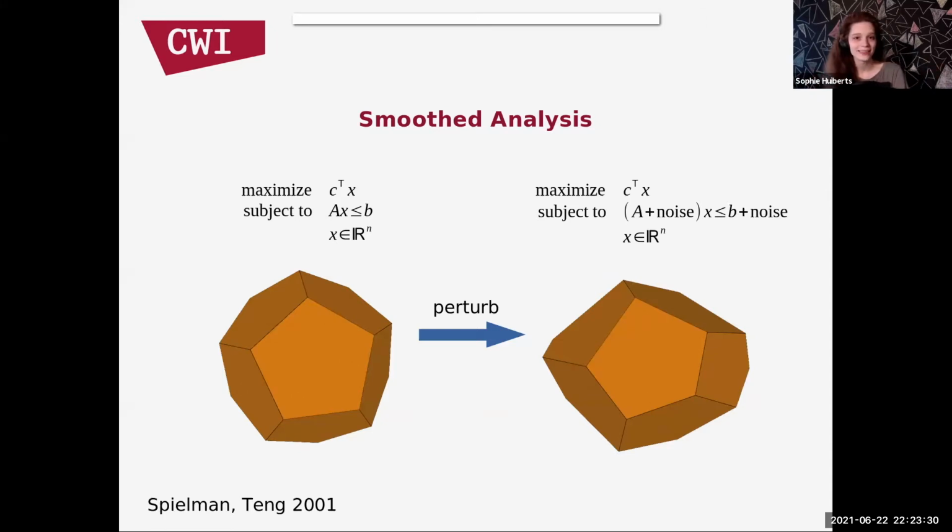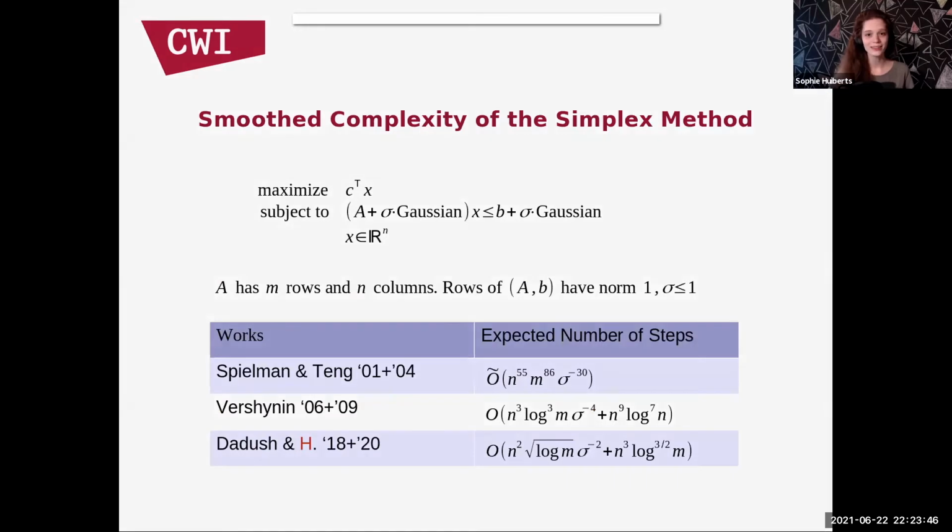What they noticed is that the hard instances were all very fragile to change. If you make just a very small perturbation to a hard instance, it suddenly becomes very simple to solve for a simplex method. To formalize this notion, they studied the running time of the simplex algorithm after adding a small amount of independent standard Gaussian distributed noise to any fixed linear program.